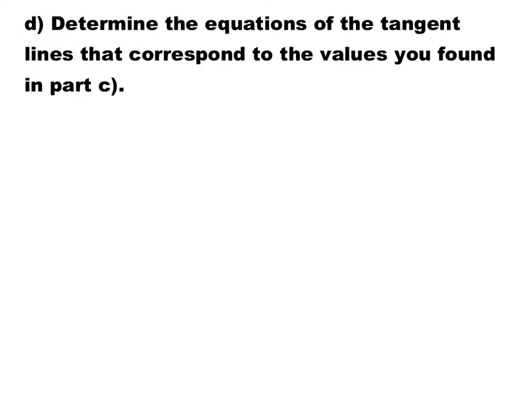The next question says, determine the equations of the tangent lines that correspond to the values we found in part C. The first one was x equal to negative 2. We know that when x is equal to negative 2, the function is x cubed, so the y value of this point is negative 2 cubed, which is negative 8.